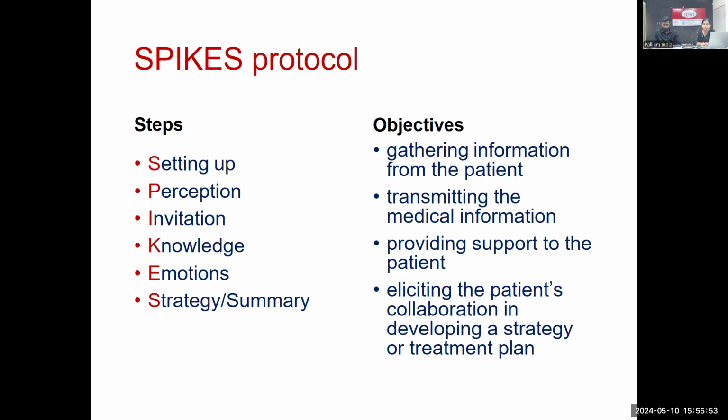If it's the fourth objective in this slide, then I would say that this is where we sit with the caregivers and the patient and derive a plan. What treatment has to be taken, how much treatment, what medicines have to be taken. The whole treatment strategy is decided at this point. That is the strategy or summary part, eliciting the patient's collaboration in developing a strategy or treatment plan.